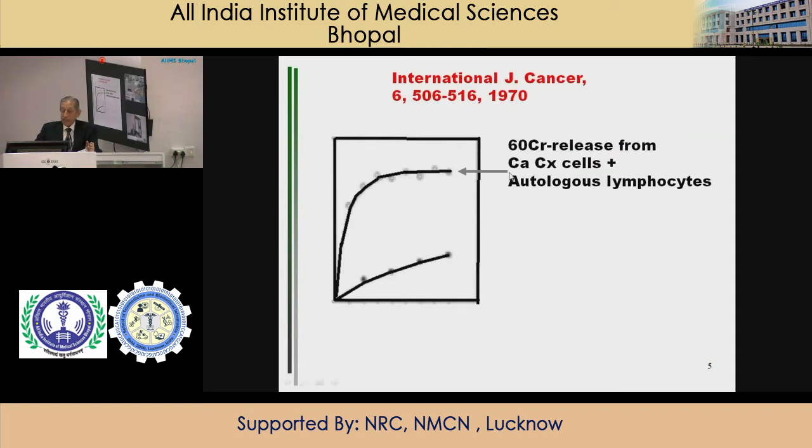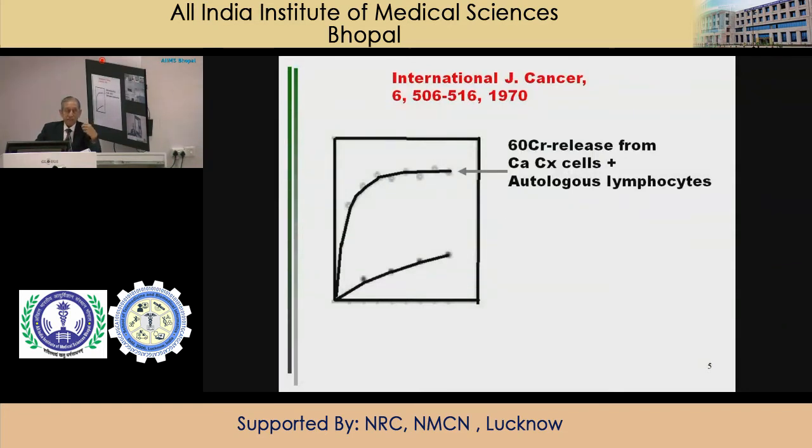See, for example, if we take cancer, this is the basic technique that I am telling. If you keep the cancer cells with chromium, radioactive chromium will be taken up by the cancer cells, of course by all living cells.